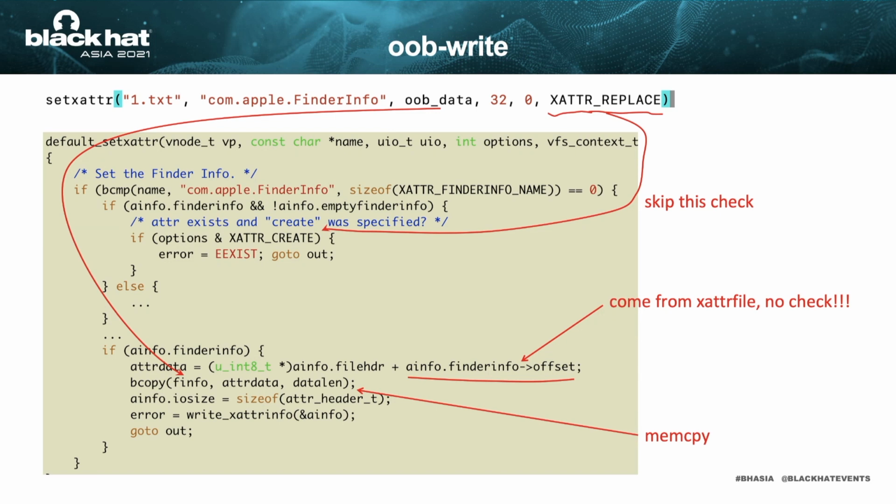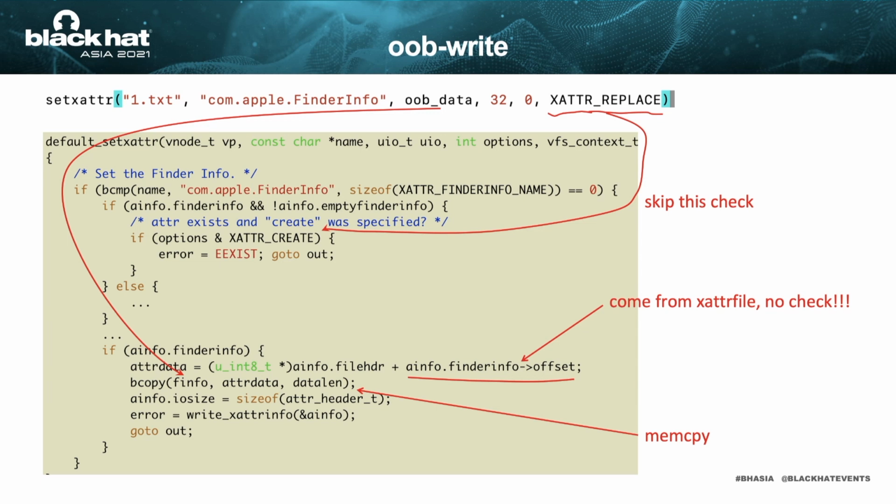Function default set xattr. Let's take a look at this piece of code. There is a special attribute in the xattr file named finderInfo. When replacing this attribute, it jumps to the following code, which allows the users to set 32 bytes of data for this attribute. The issue is that the address offset of finderInfo also comes from the xattr file, and there is no check if it is a valid range.